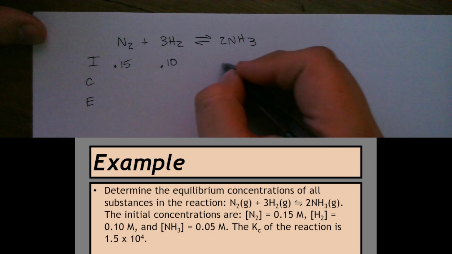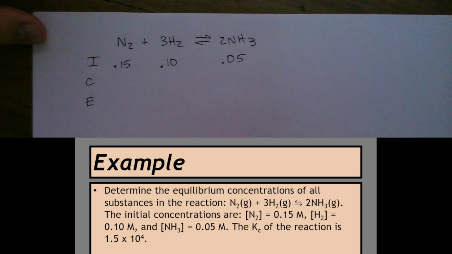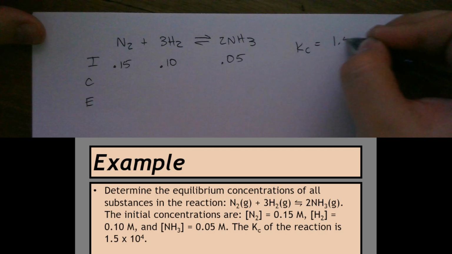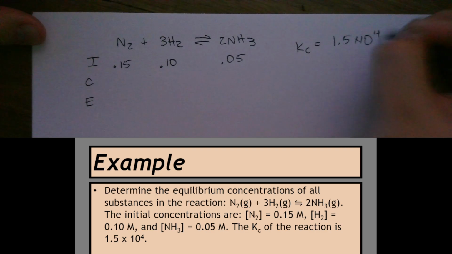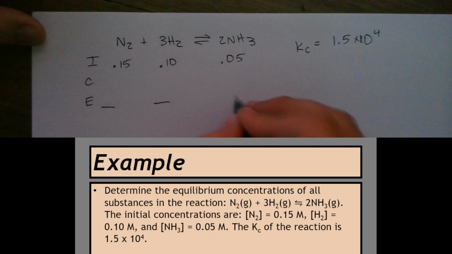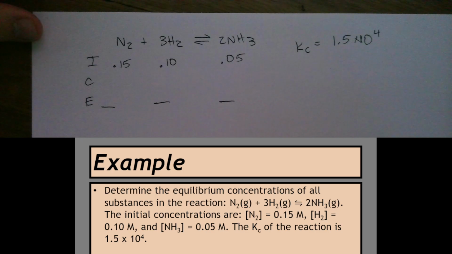And NH3 is 0.05. This time it gives me Kc equals 1.5 times 10 to the fourth. Okay. I want to determine the equilibrium concentrations of all. So I'm going to see how much of this, this, and this I end up with.